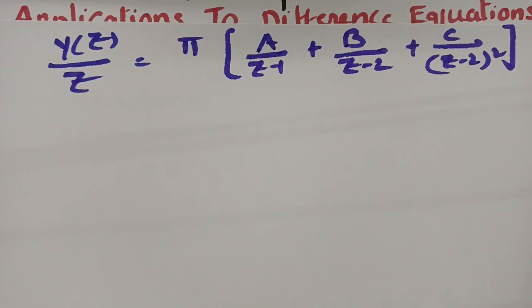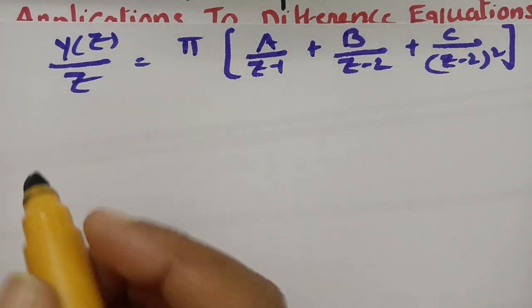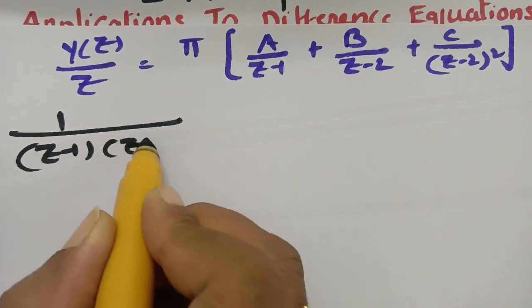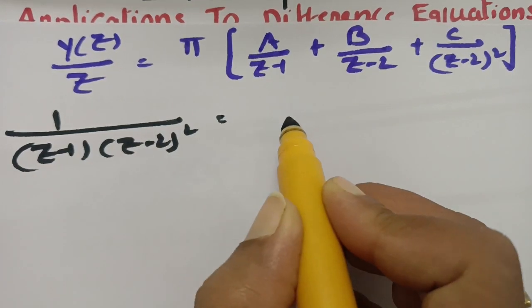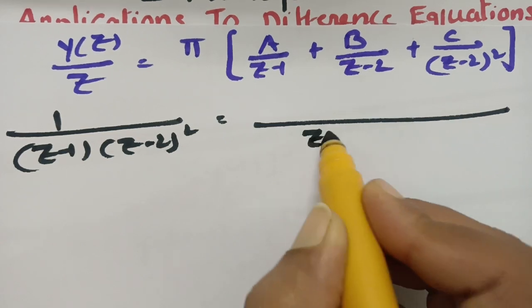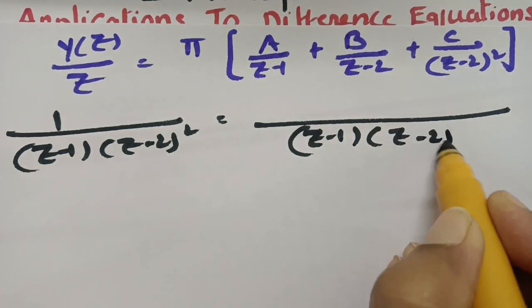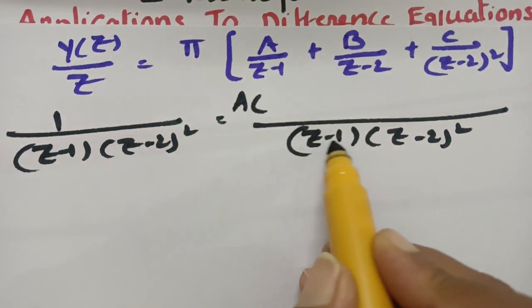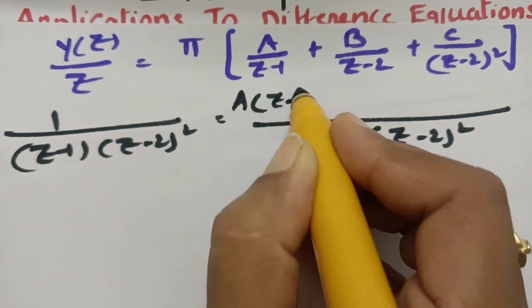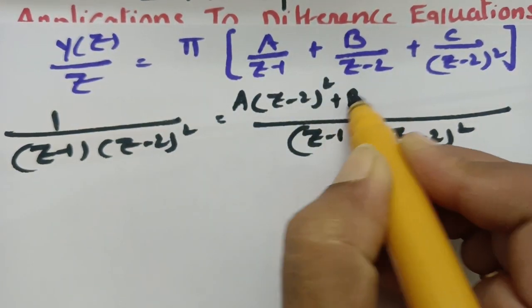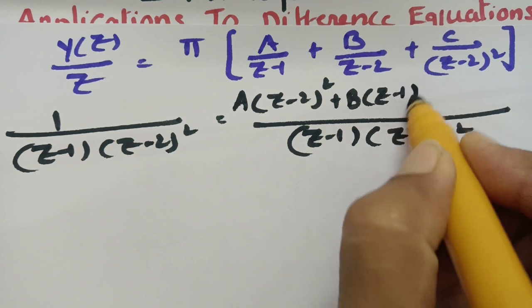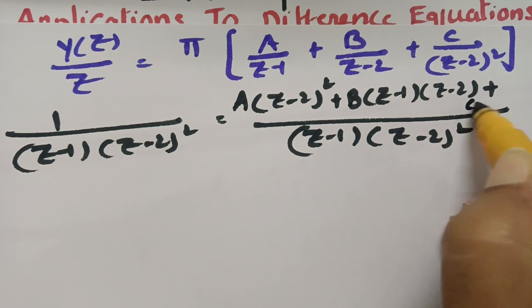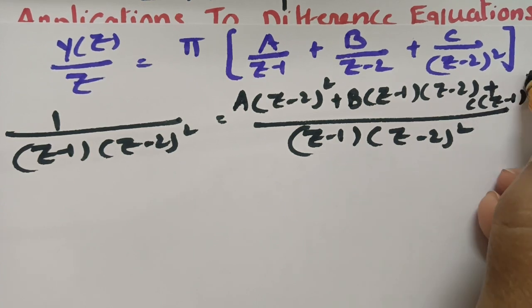In order to get the values, this can be written as 1/((z-1)(z-2)²) = if I take the LCM here, (z-1)(z-2)² in the denominator, a times, here there is (z-1), what remains is (z-2)², plus b times (z-1)(z-2), plus c times (z-1).